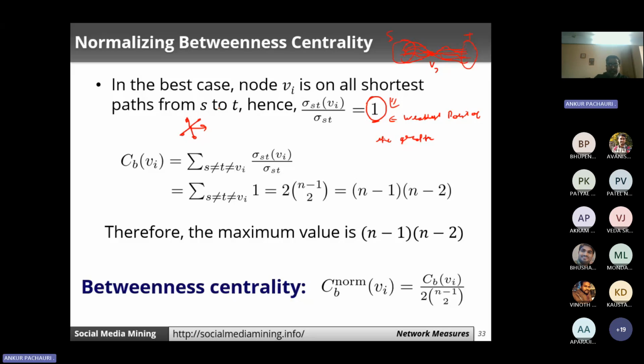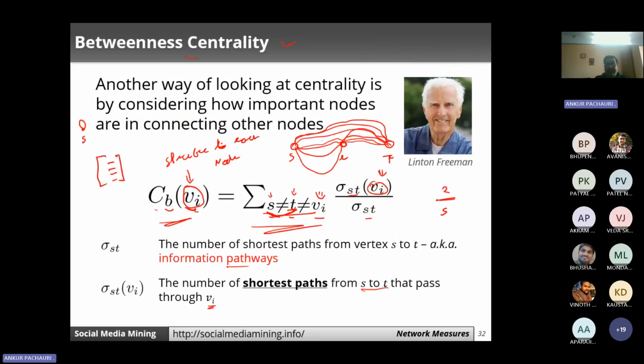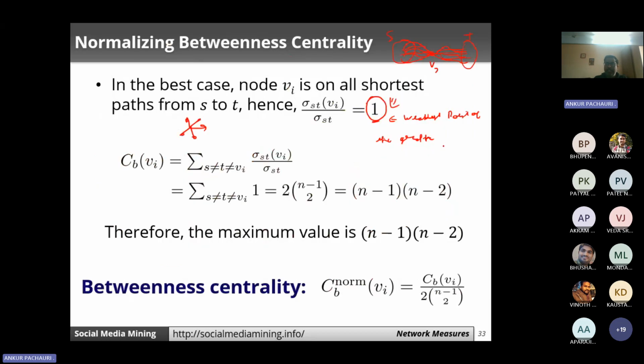Although initially it gave me a feeling that more paths mean more importance, this may be the weakest part. The alternate way of looking at betweenness centrality is that I'm trying to identify the weak points of a graph in terms of connectivity. Connectivity means shortest path.